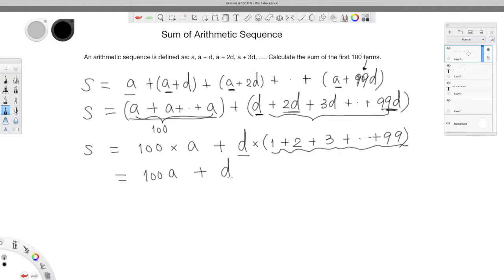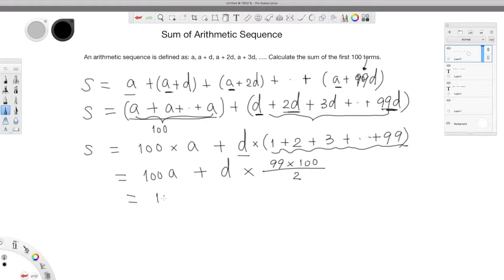All right, how do you calculate that? Well, we already talked about that in one of the lectures. I'm going to just write it down. This equals 99 times 100 divided by 2.